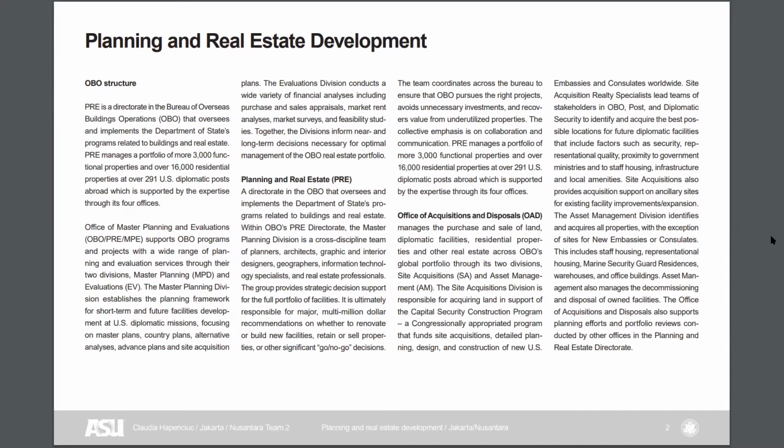These divisions focus mostly on market analysis, market surveys, feasibility studies, and really understanding the site, as well as taking over the site acquisition and management of federal sites as well.